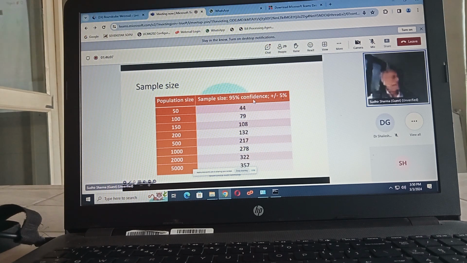So let us say for a population, your sample size should be 278. What is your calculation? Let's say this is 200. Population size of 1,000.